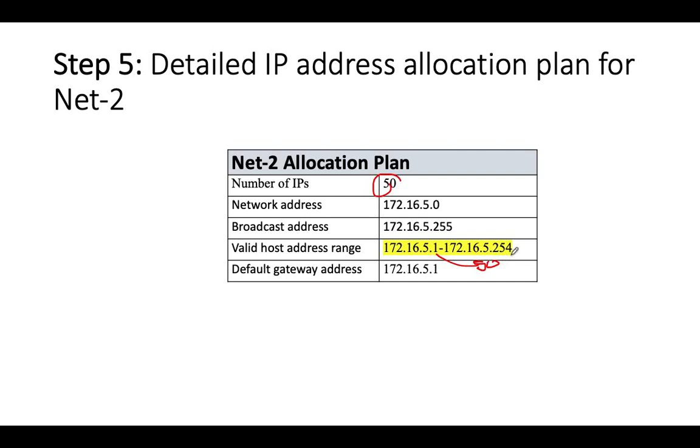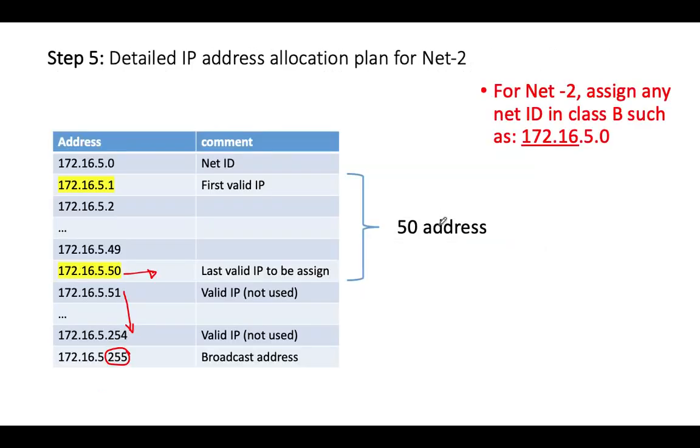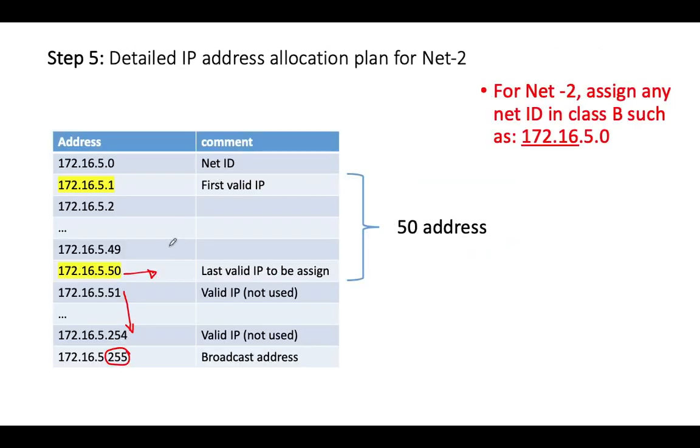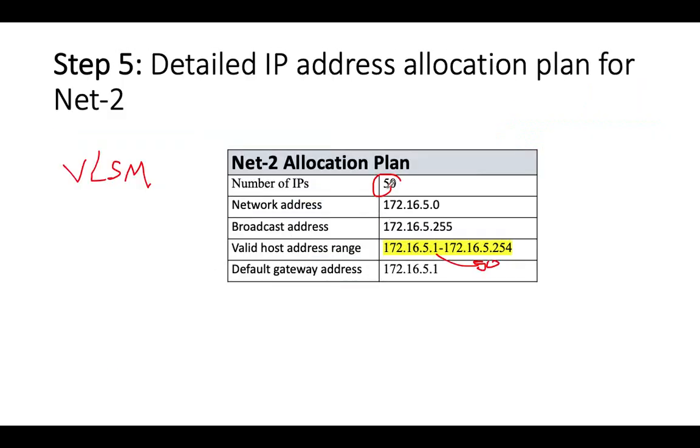Reserved. We have a way which you call VLSM to allocate those IPs together, but this is totally away from your study. So I can allocate 100 and I can allocate the 50, for example, in one network or in one CIDR. We use the same network but different CIDR or different slash.